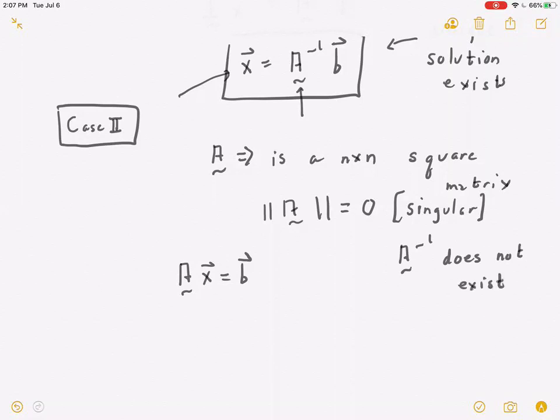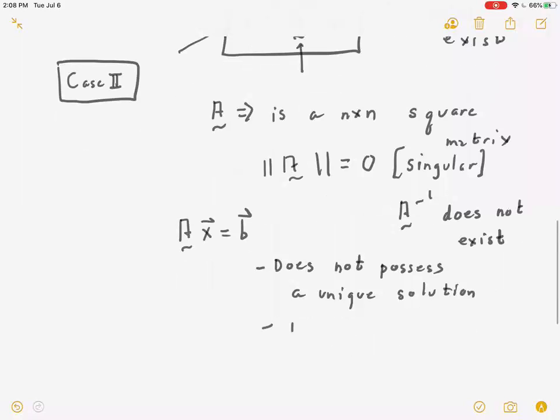That tells you you're not going to get a unique solution like you did in case 1. So this equation does not possess a unique solution. That has to imply one of two things: there's either no solution to the problem or an infinite number of solutions.